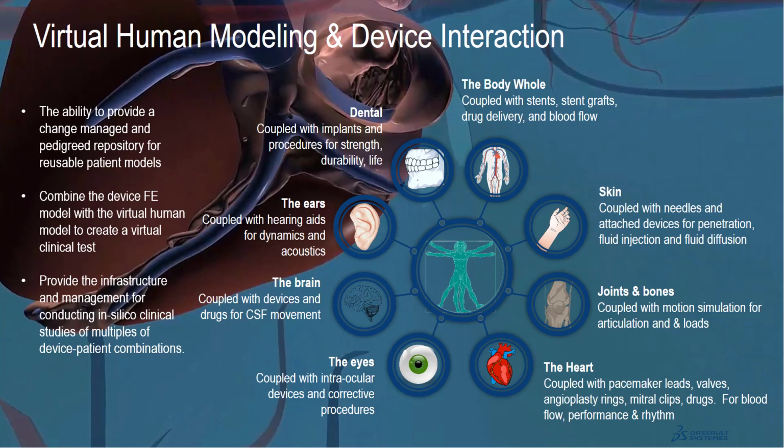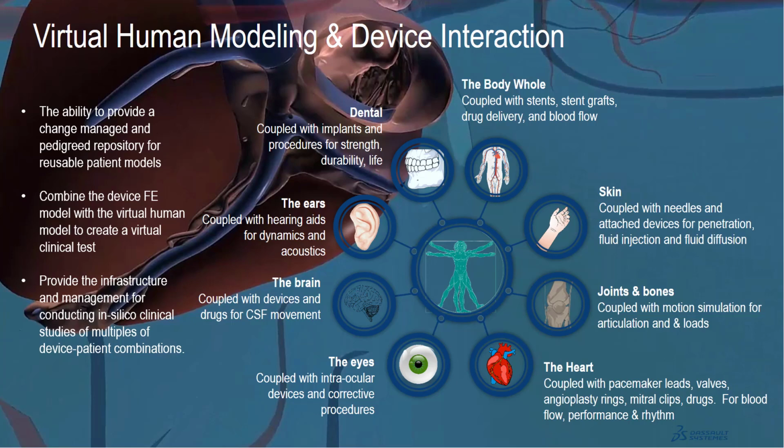So that's why we are talking about virtual human modeling and virtual prototyping. We can provide the infrastructure and management for conducting in silico clinical studies of multiple configuration device-patient combinations.